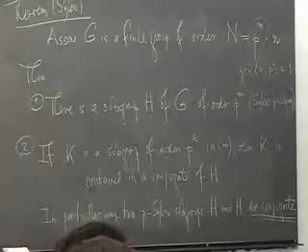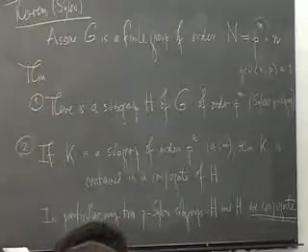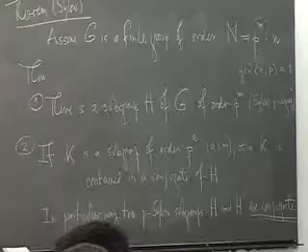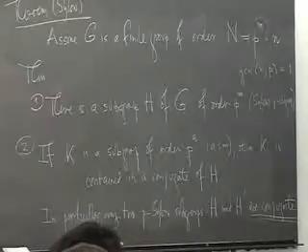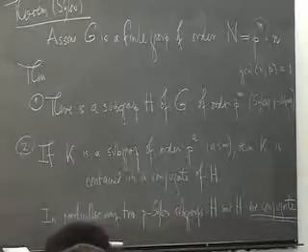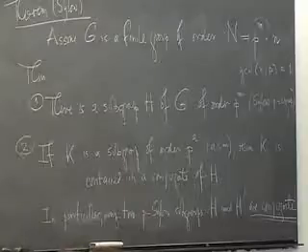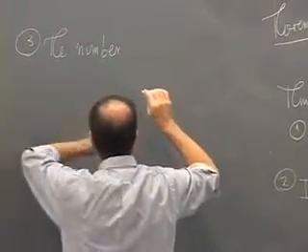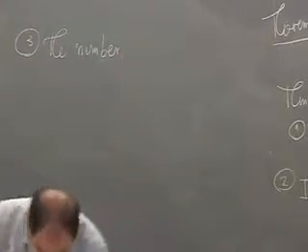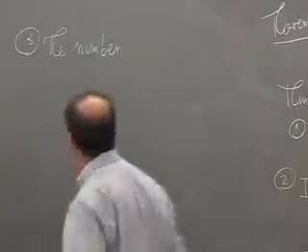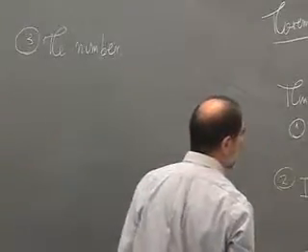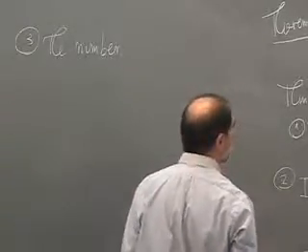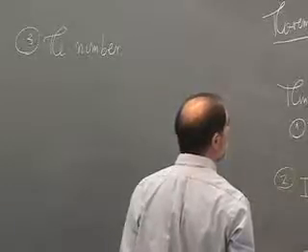And finally, the third part of the Sylow theorem gives you an estimate of how many Sylow p groups are in that conjugacy class. 3. The number, well, let's give that number a name. I was going to call it s for Sylow, but I better use something else.